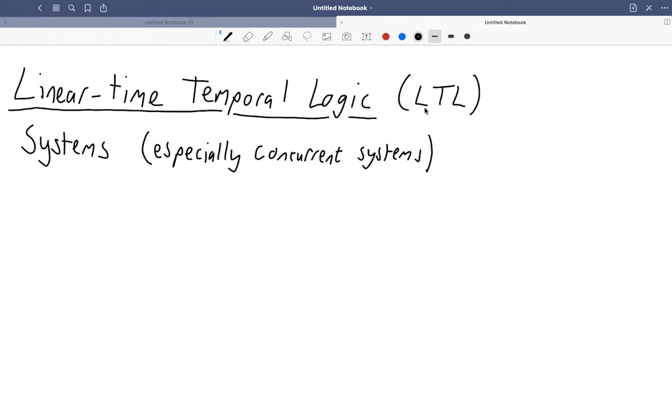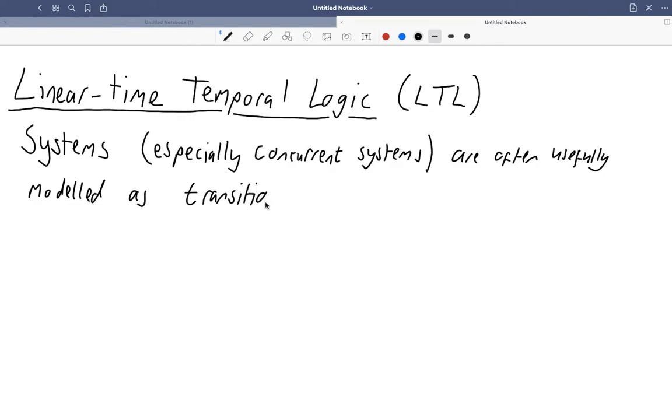Are often usefully modelled in a mathematical way, as what are called transition systems.